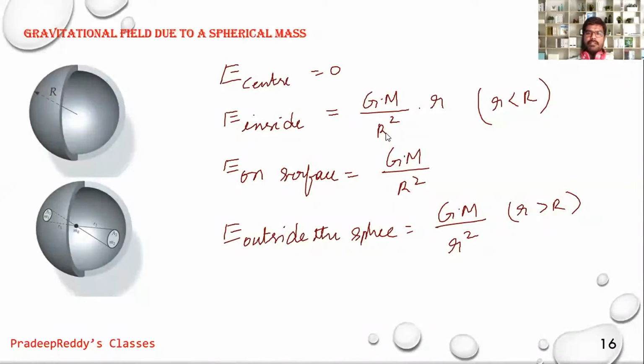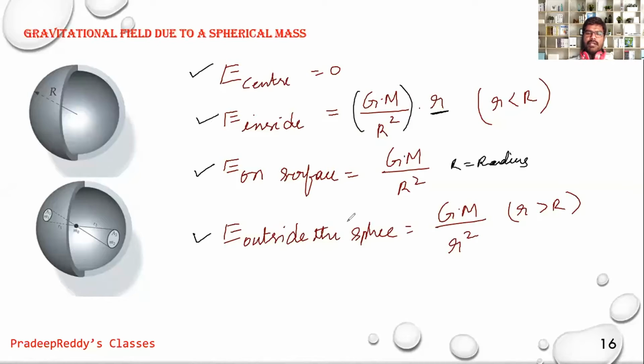So from the derivations which we have learned, you can finally write down these conclusions. Field at the center is 0. Field inside the sphere, E is directly proportional to r. This total parameter is constant. And field on the surface is GM by R square, where capital R is equal to radius.